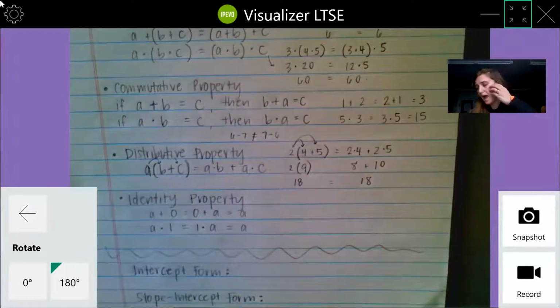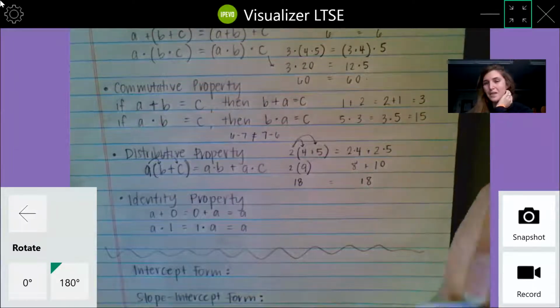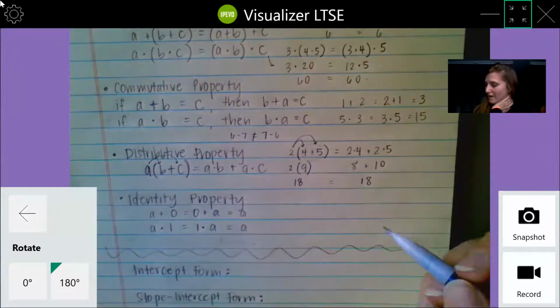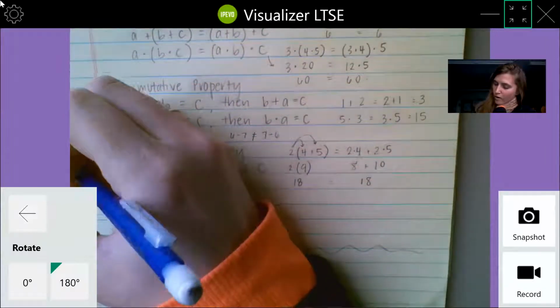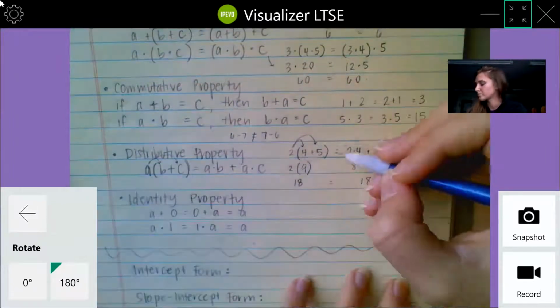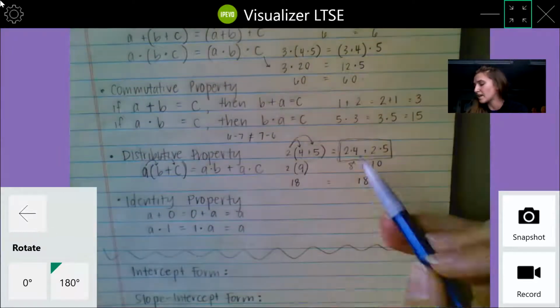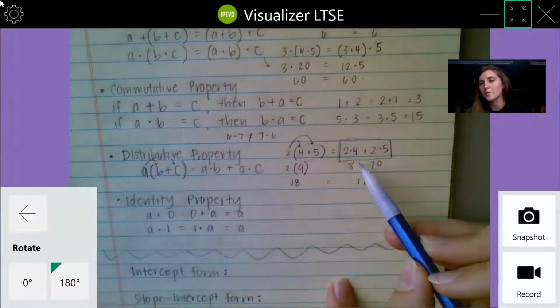Okay? And the same thing can happen in the opposite way, right? If I had something like 2 times 4 plus 2 times 5, I could see that those two numbers have a common 2.